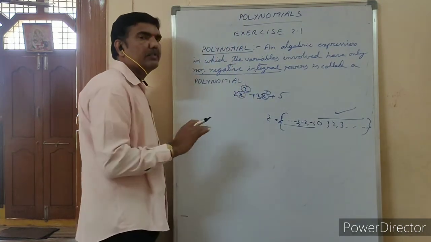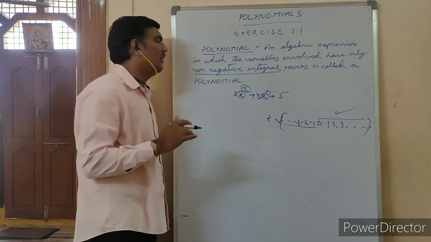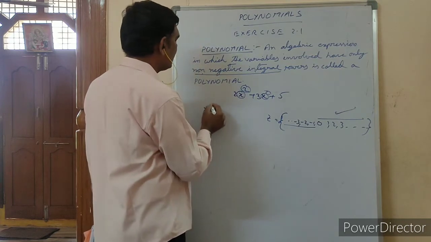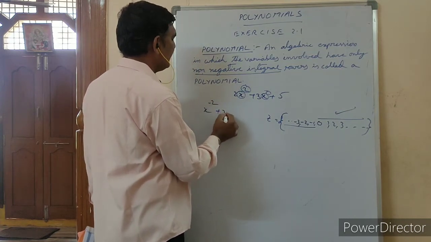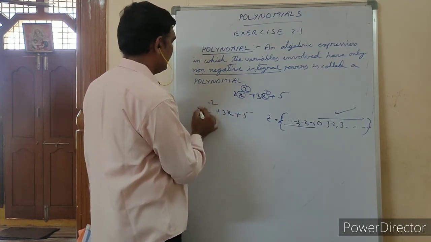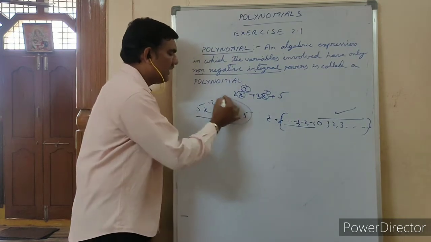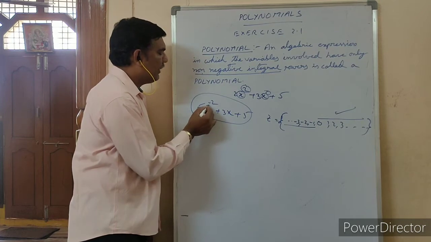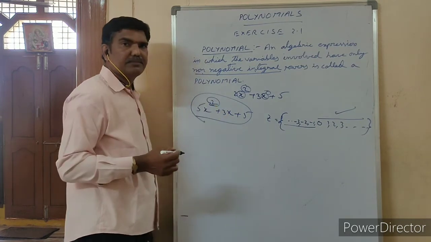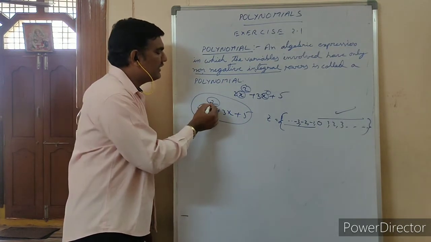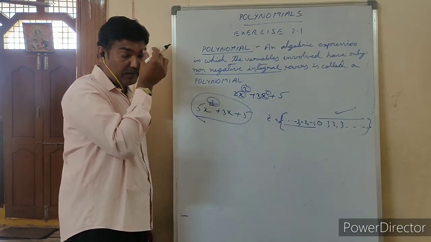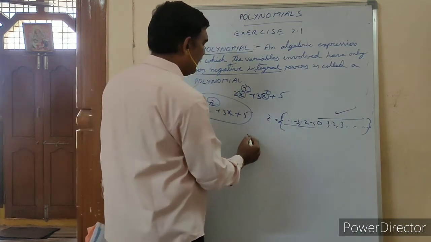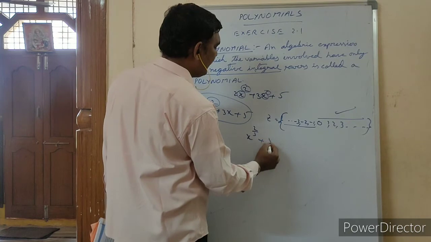If the power is negative, it is not a polynomial. Example, x power minus 2 plus 3x plus 5. It is not a polynomial because x power is a negative integer. Next, one more: x power 2 by 3 plus 5.